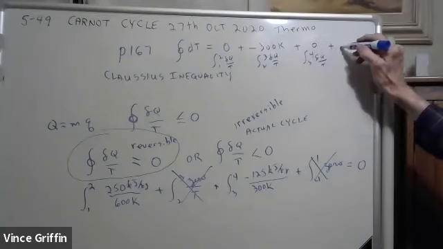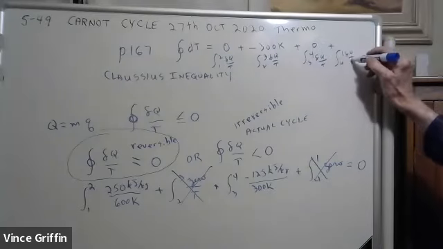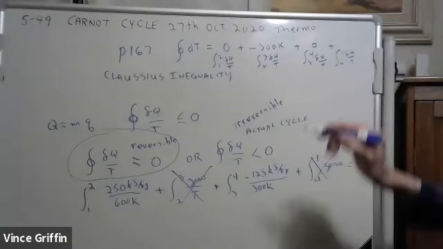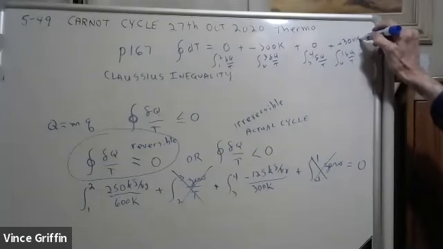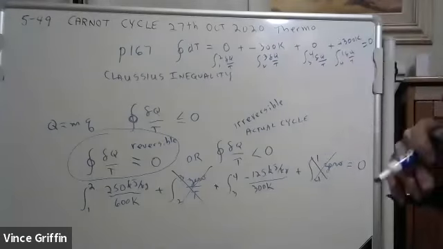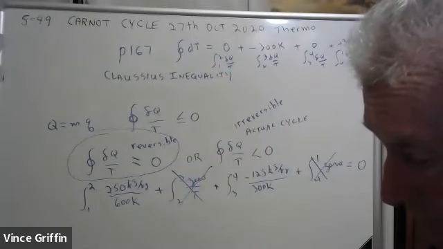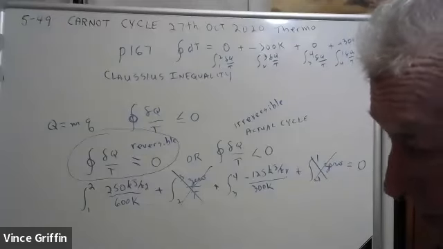And finally, this is the integral from 4 to 1, dq over t. And that is back to plus 300 K. And you'll get 0. See, the change in temperature, if you go around a cycle and you come back to where you started, will always be 0.